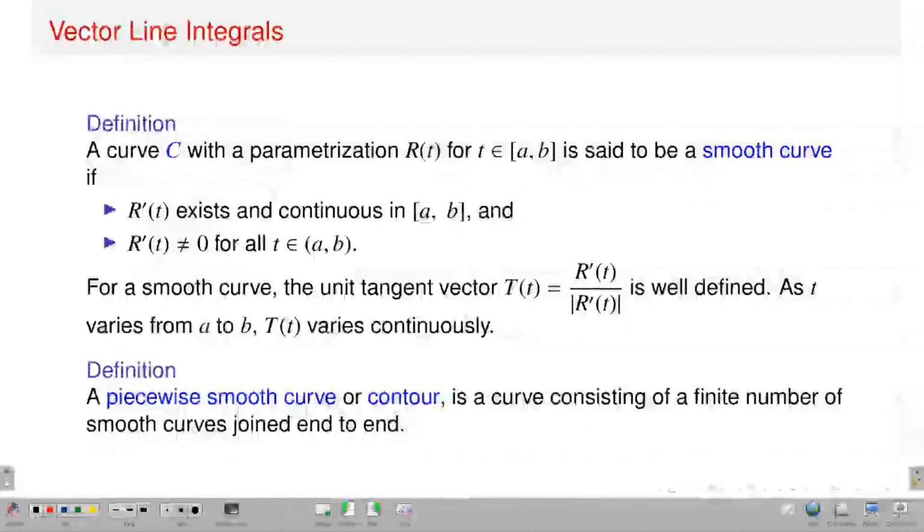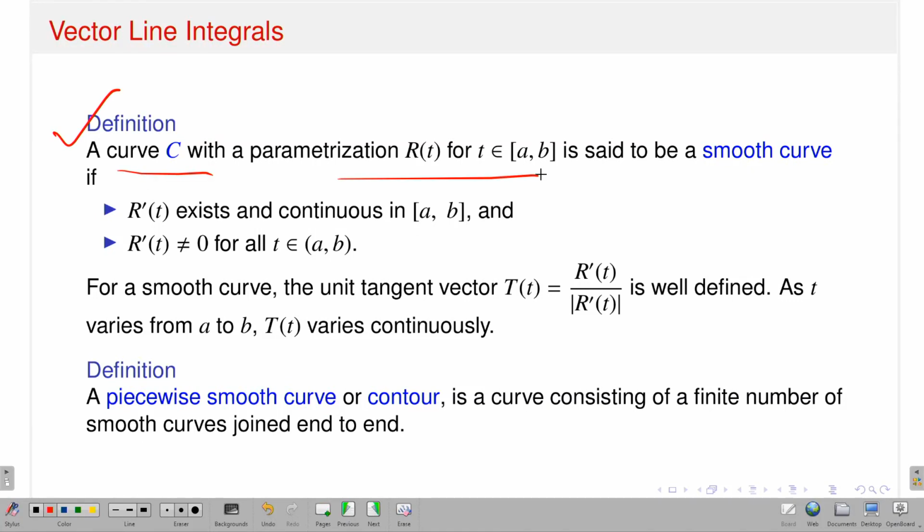Now I want to define what is called a smooth curve. What is the meaning of a smooth curve? This is my definition. A curve C with parameterization R(t) is said to be smooth if the following two conditions are satisfied. The first condition is that the parameterization R should be differentiable, that means R'(t) exists. Not only that, the derivative should be continuous.